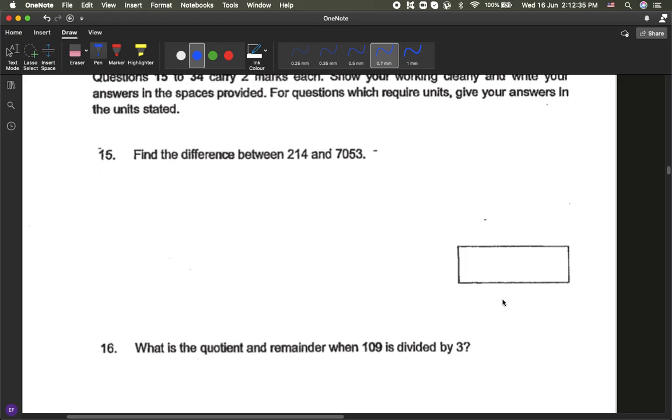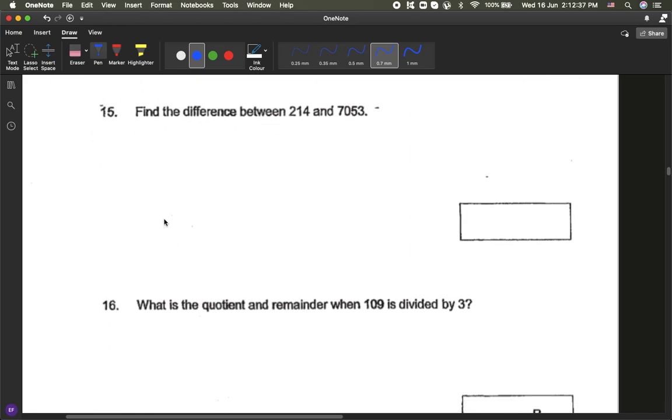Okay, now find the difference between 214 and 7,053. So difference means subtract. Okay, so we just need to subtract 214 from 7053.